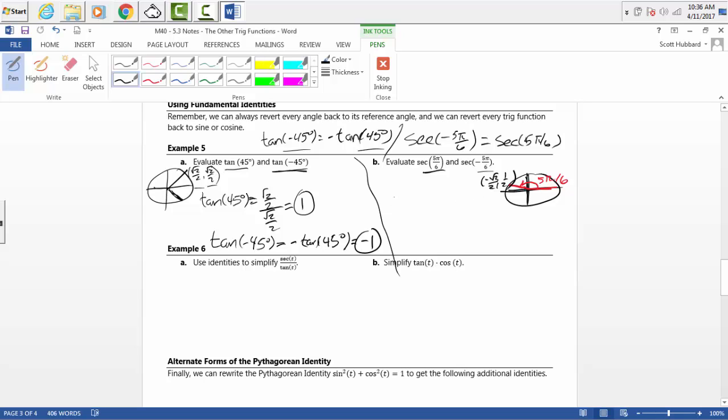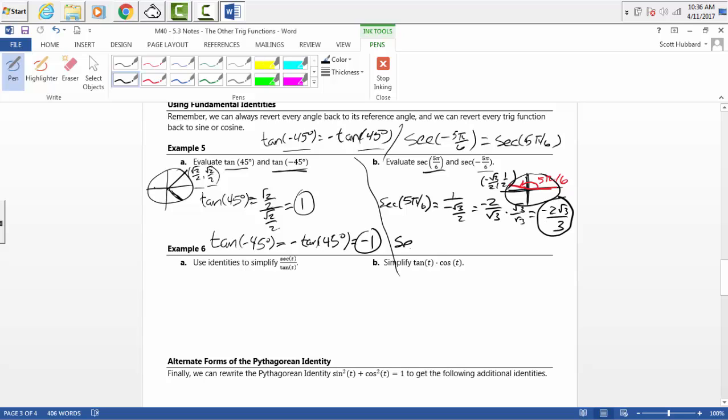So what that means is that secant is 1 over the x value. So secant of 5 pi over 6 is going to be the reciprocal of negative root 3 over 2, which is negative 2 over root 3, which again we'll rationalize. And that's going to be negative 2 root 3 over 3.